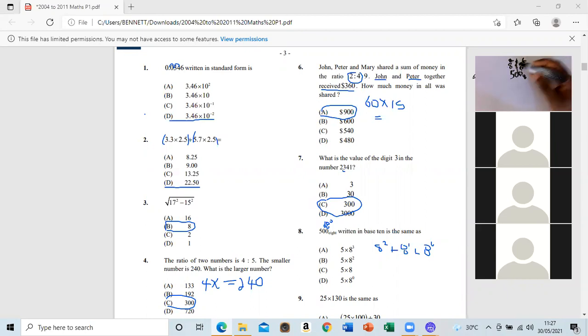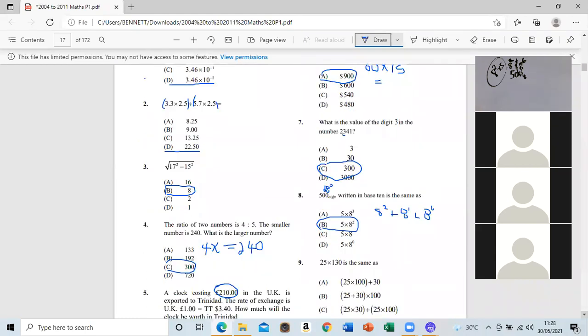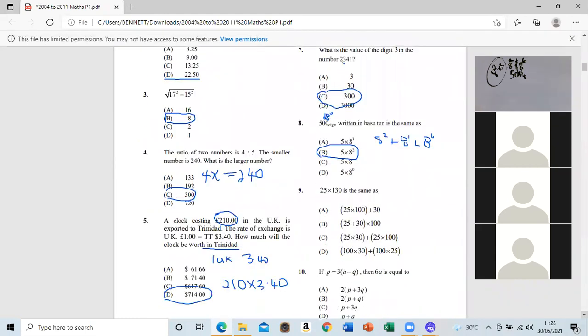So it doesn't matter. So this would be 8 squared times 5. So the answer would be B. So that on paper, and the teacher gets it wrong. But that's how it goes.